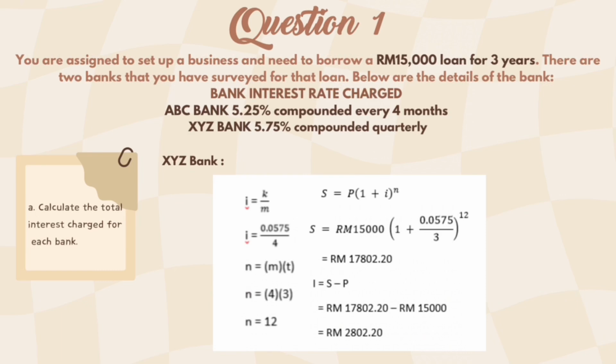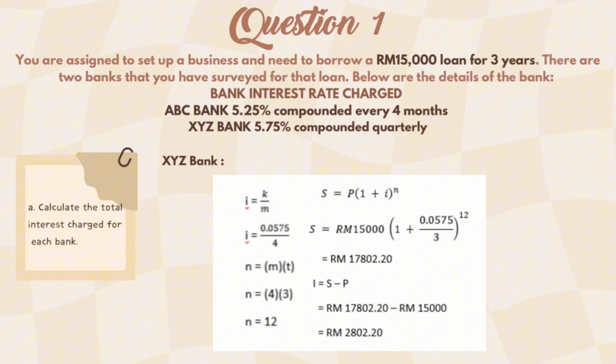Again, we use the same compound interest formula, which is S equal P (1 plus I) with the power of N. So, then we solve these values with S equal 15,000 times (1 plus 0.0575 divided by 4) with the power of 12.